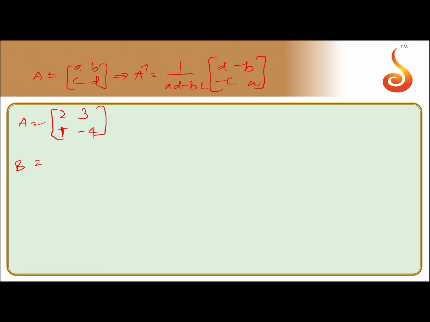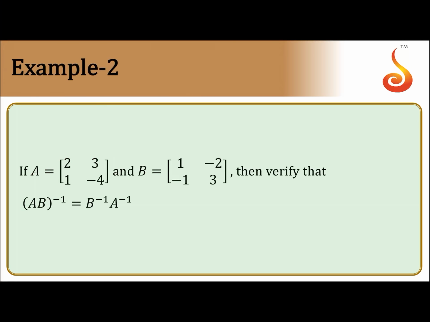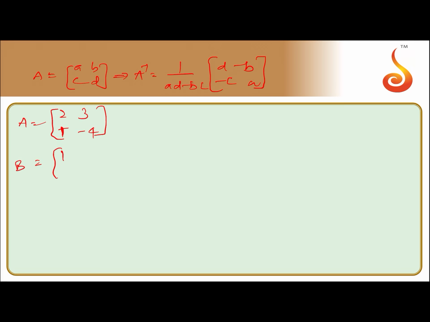And B matrix is equal to 1 minus 2, minus 1 3. Let me calculate A inverse: 1 by AD minus BC, which is minus 8 minus 3, the product of these two minus the product of these two.